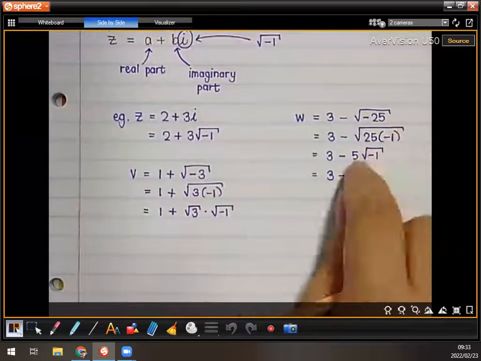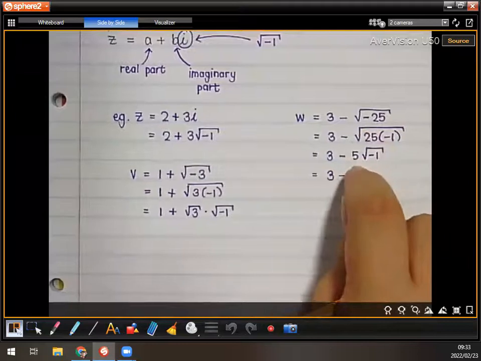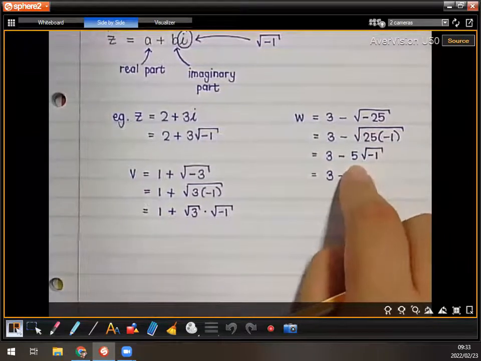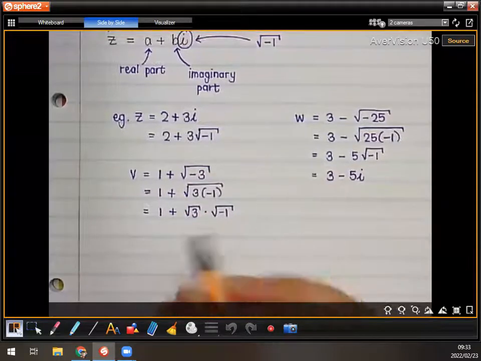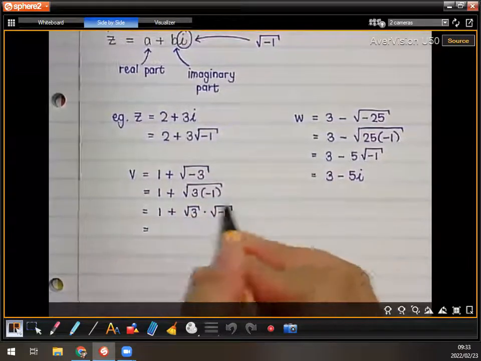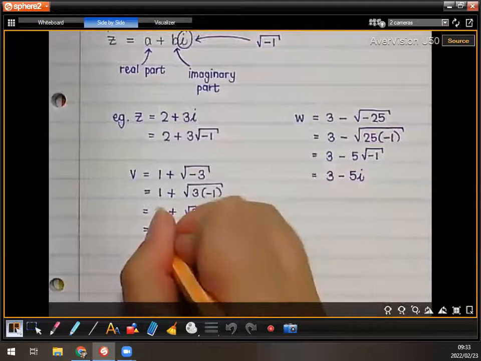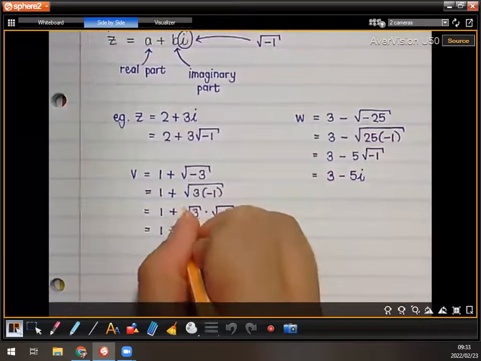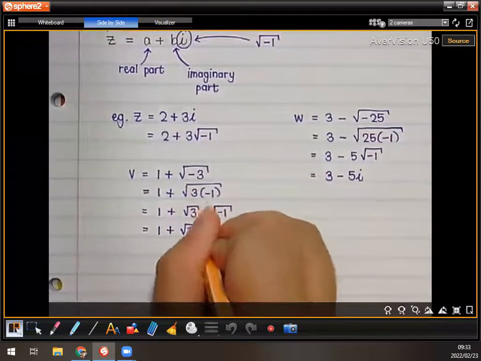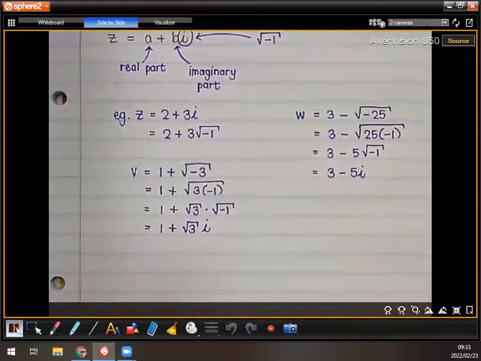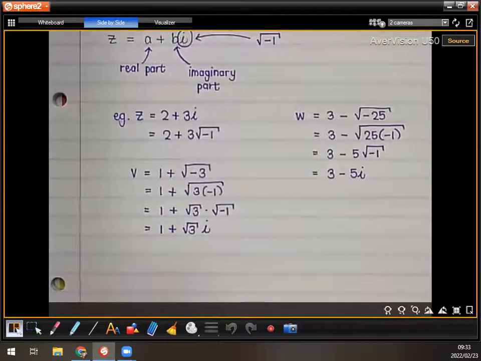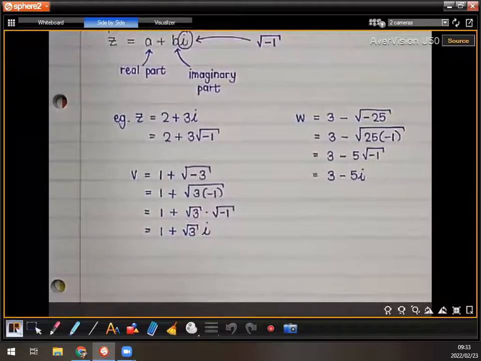I did the same thing; the only difference was that 25 had a whole number square root. So I'm just saying the square root of 3 times the square root of negative 1. What is the square root of negative 1? i. So this is just going to be 1 plus root 3 i. Make it very clear that that i is not under the square root with that 3, please. They have to be separate, but the i and the root 3 are connected.